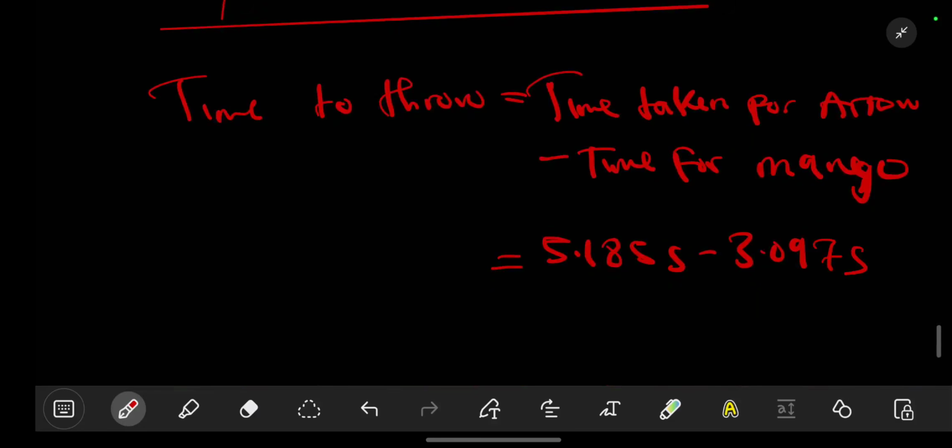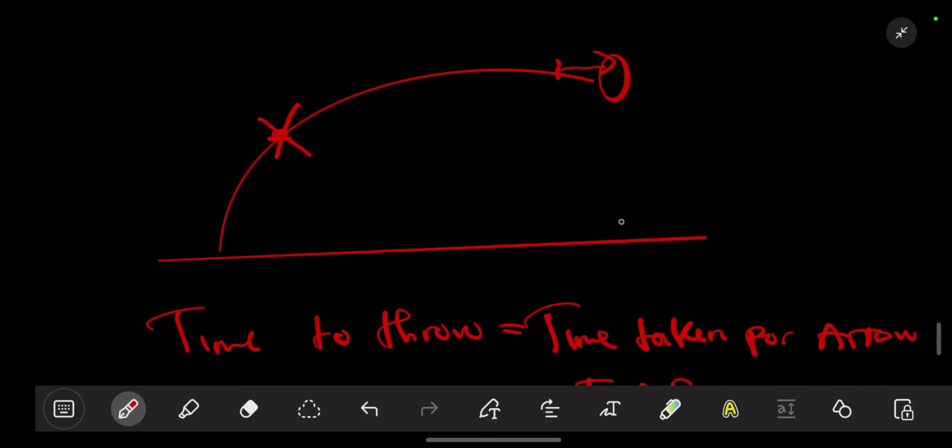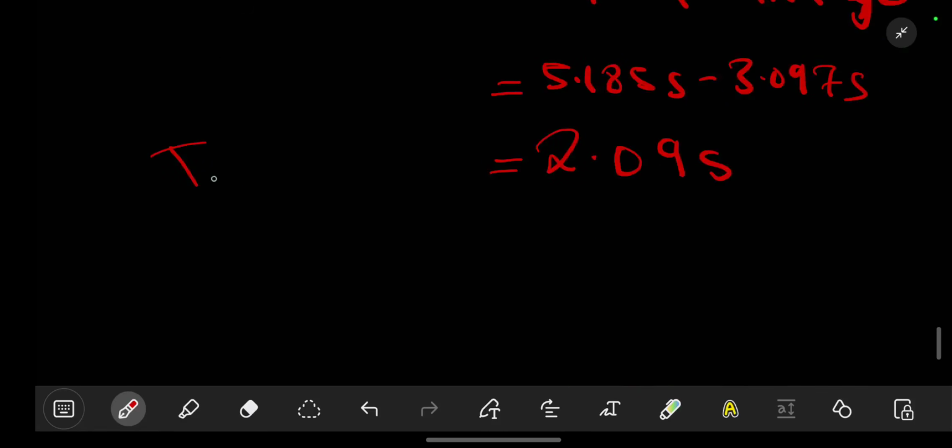When we subtract these two times, we have 2.09 seconds. So the time we have to throw is after 2.09 seconds. You have to wait for this, so that when the arrow reaches some point, then you throw.